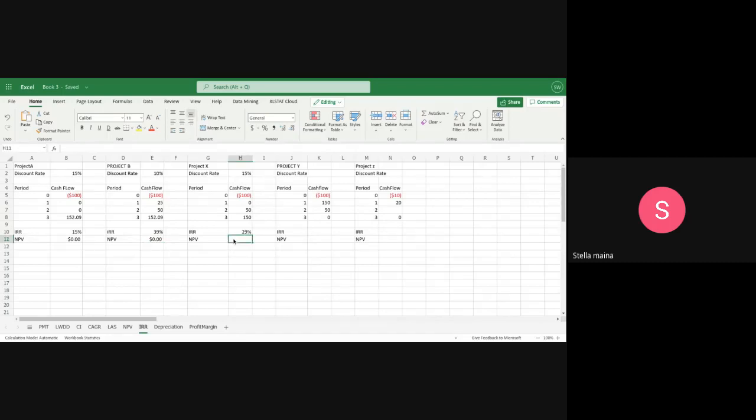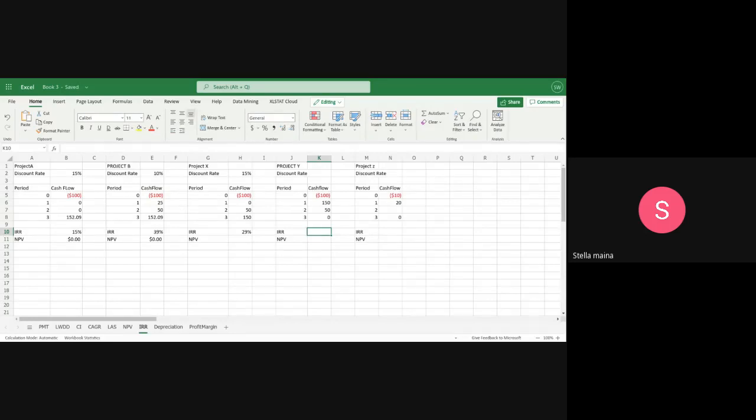Okay, so for this as well, I'll just go ahead and say to get the NPV. Though we already know the NPV shall be 0, I don't think we need to focus on that. Let us calculate the internal rate of return for project Y.